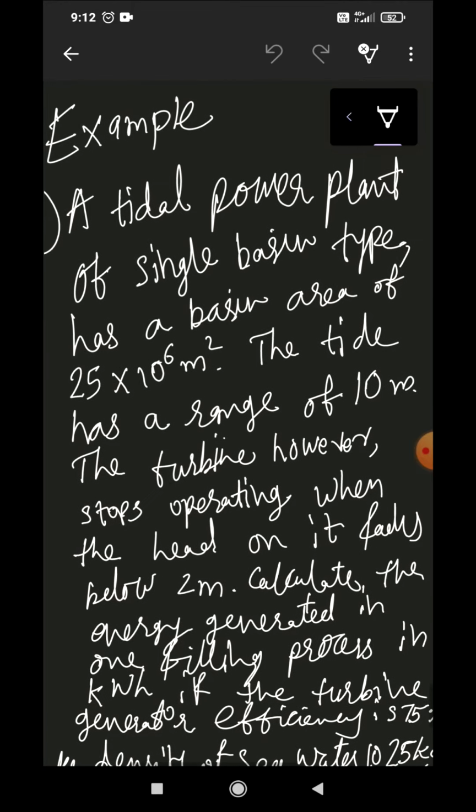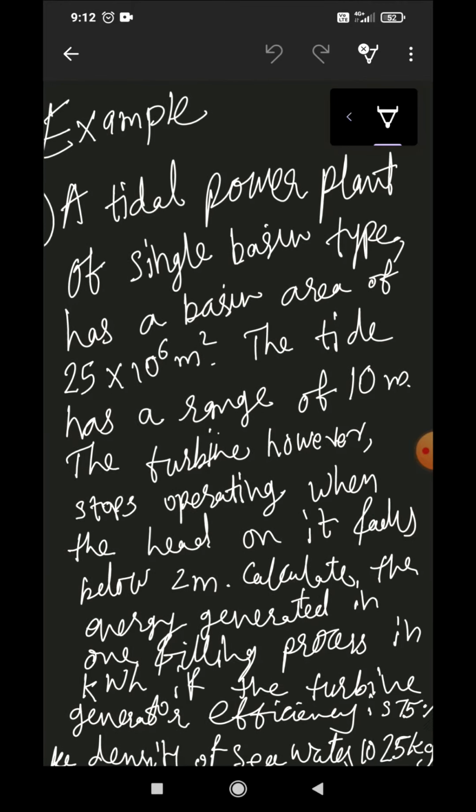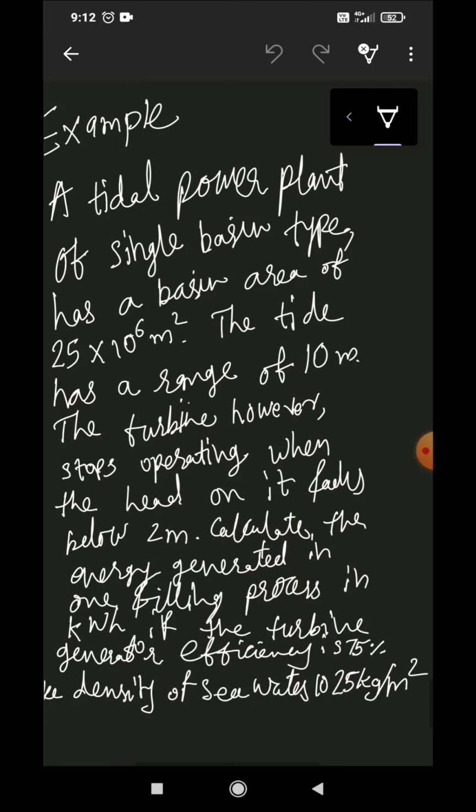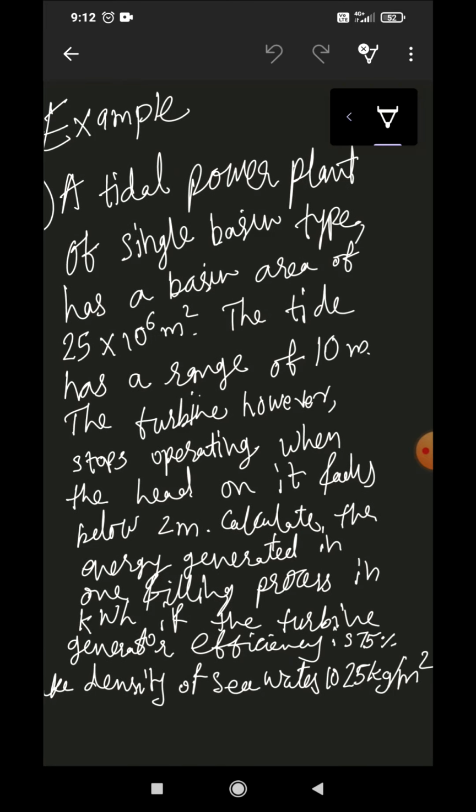This is the example: a tidal power plant of single basin system has a basin area of 25 into 10 raised to 6 meters square. So the area is given. The tide has a range of 10 meter, so R is given.